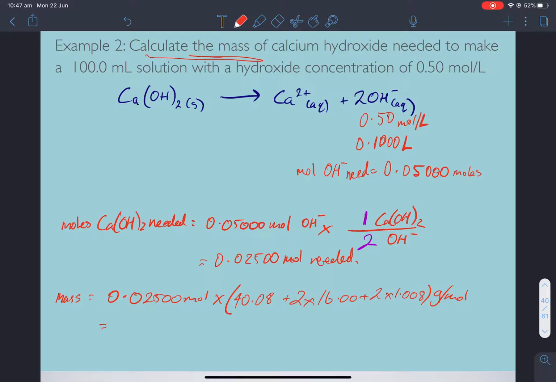Okay, don't forget those brackets to get order of operations, otherwise you'll get a ridiculous answer. Times bracket 40.08 plus the 2 times 16 plus the 2 times the 1.008 for hydrogen gives me 1.8524 grams.